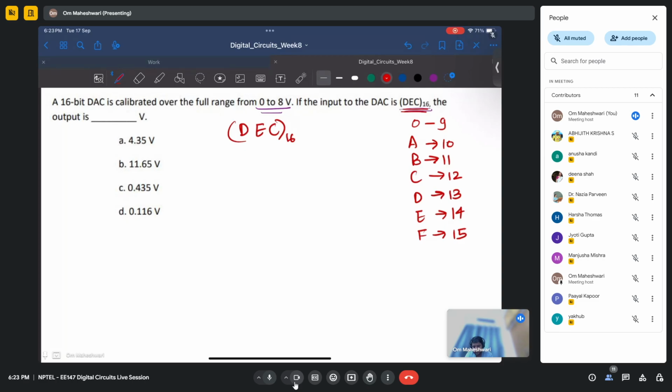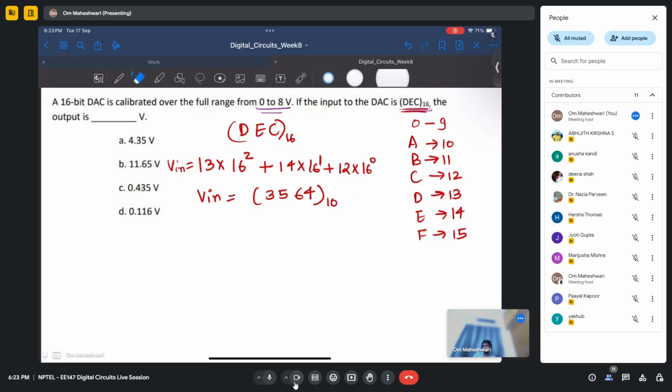We want to convert DEC to decimal. So D is 13, 13 into 16 to the power 2, plus E is 14 into 16 to the power 1, plus C is 12 into 16 to the power 0. So this is your input V in. If we solve this, it comes out to be 3564 base 10.